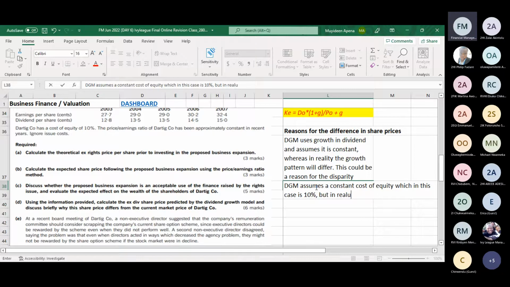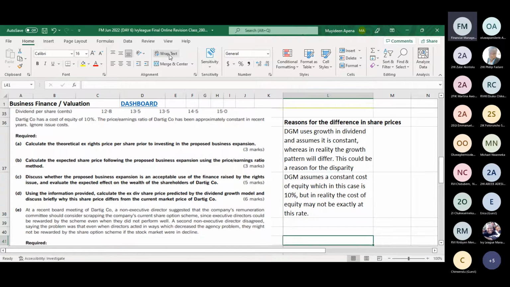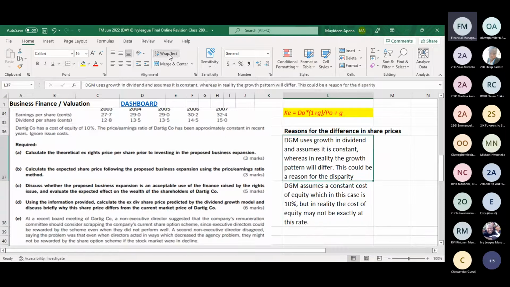But in reality, again, what will happen? Cost of equity may not be exactly this, isn't it? Great. So that's another point. So you've criticized DGM. What about this current share price? Can we criticize it?